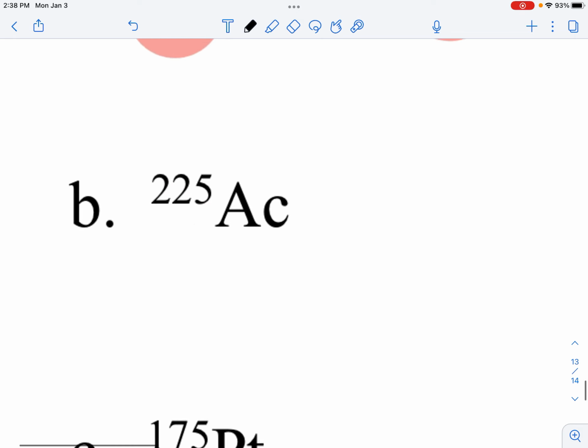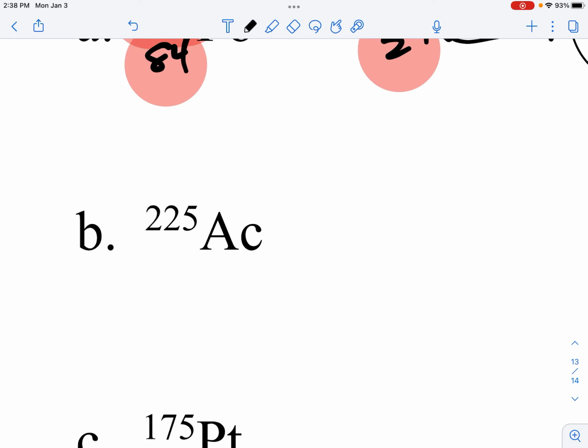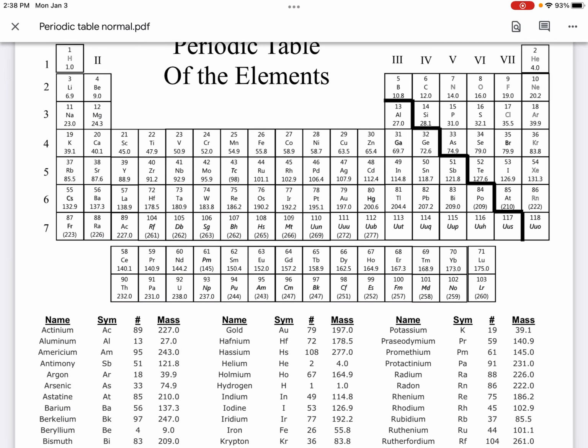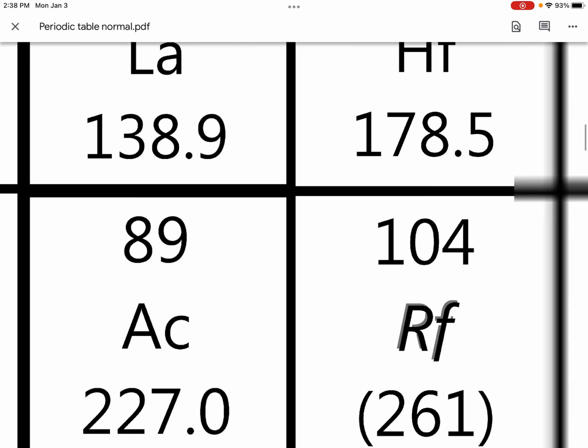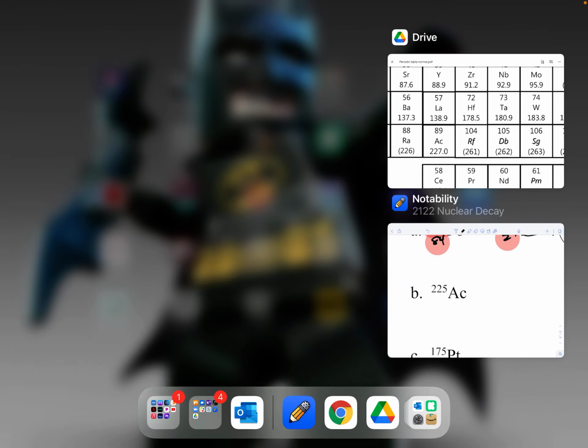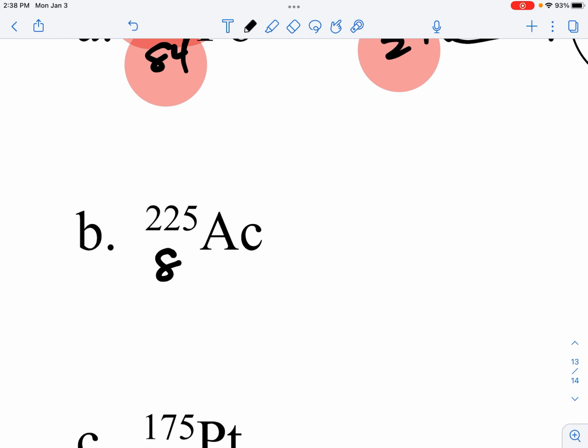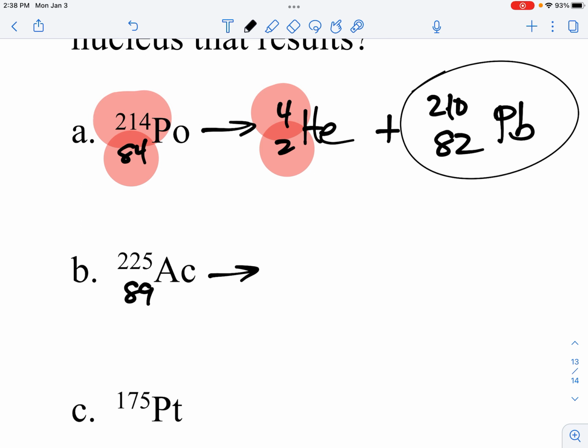What about this guy? Actinium-225. Well, let's see. Let's find actinium. Here he is. Actinium is number 89. So here we are. There's number 89. And it says it's going to undergo an alpha decay. So I'm going to lose 4,2 helium, because every time it's alpha, it's always 4,2 helium. Always.